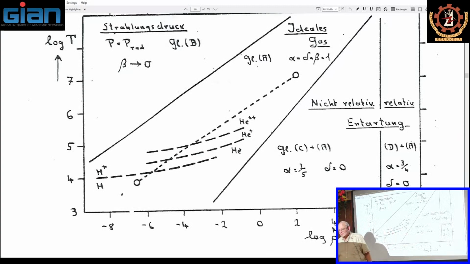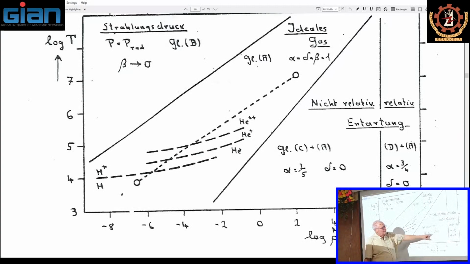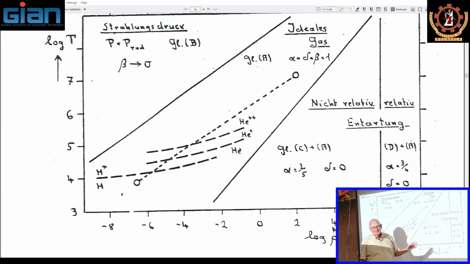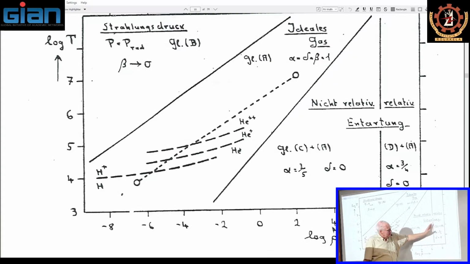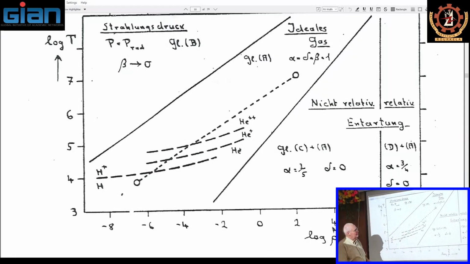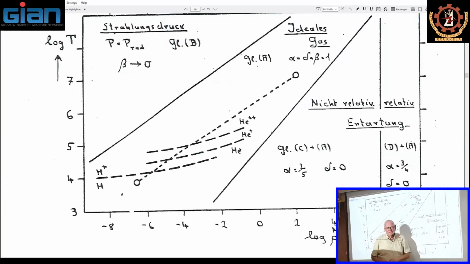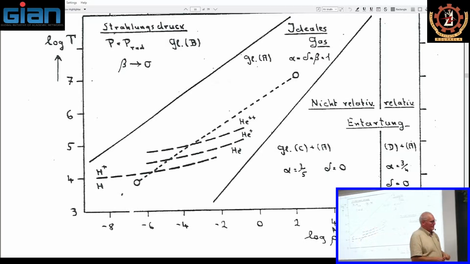First, the non-relativistic degeneracy with alpha equals 3/5, delta equals 0. And if we increase the density even more, then we enter the domain of relativistic degeneracy with delta equal to 0 and alpha equal to 3/4. Ideal gas, again, alpha and delta are equal to 1.